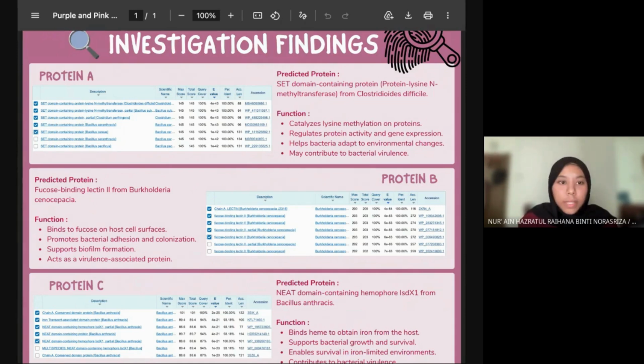For protein B, it matched fucose-binding lectin-2 from Burkholderia cenocepacia, also with 100% identity. This protein helps bacteria to attach to the host cell, which promotes biofilm formation and contributes to the infection.